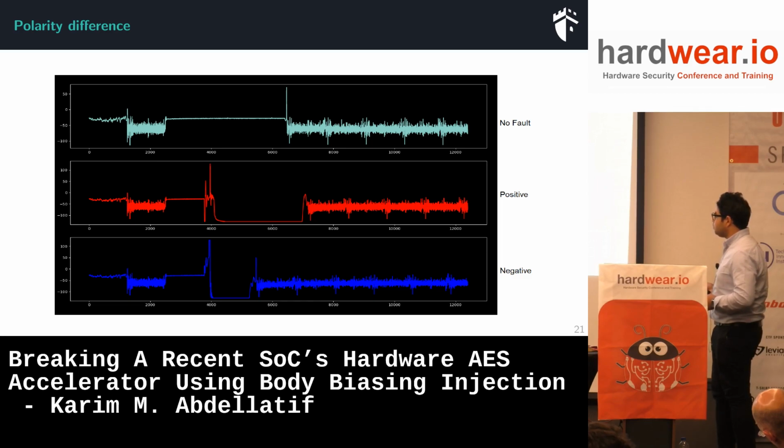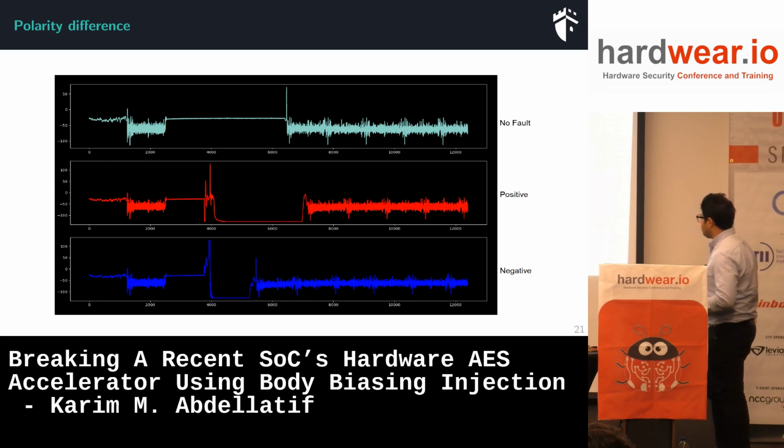After that, the chip goes back to the same activity as here, but in this case, I already modified the value of the counter. If you inject a negative pulse, the effect will be positive here, and in the power trace you can see that it's cut in a very short time compared to this one, but I also modified the value of the counter.